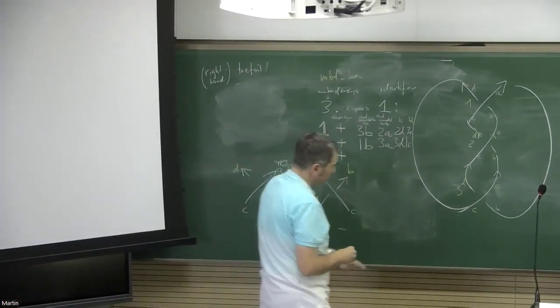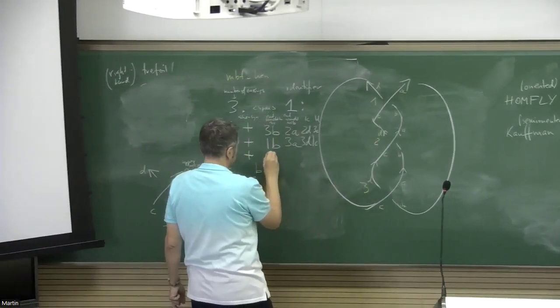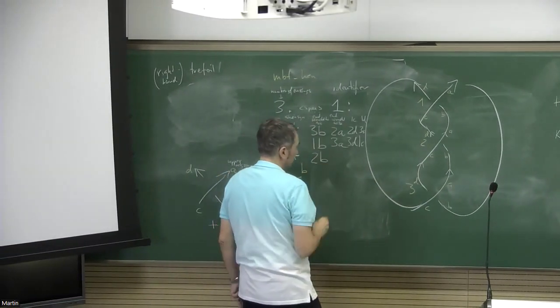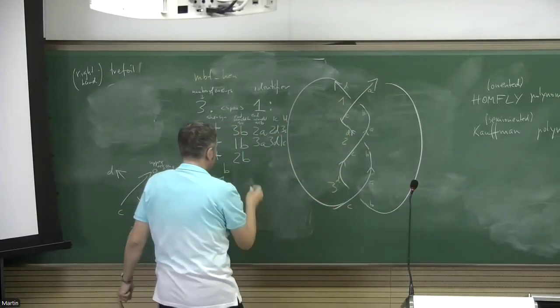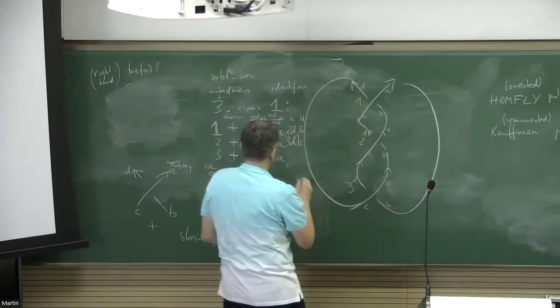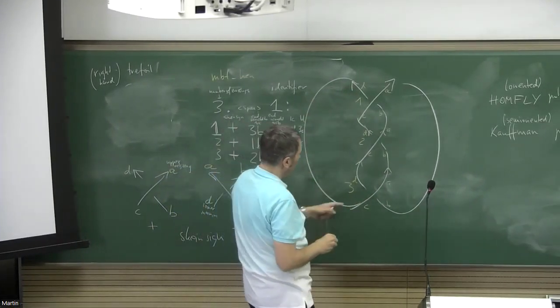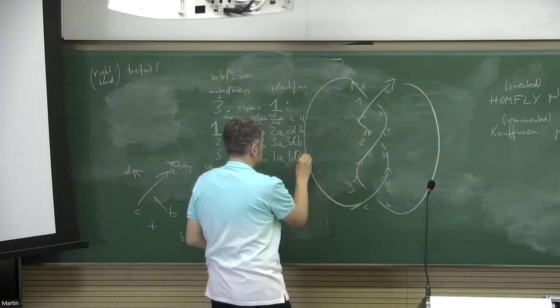And finally for 3, 3A is connected to 2B. 3B is connected to 1A. 3C is connected to 1D. And 3D is connected to 2C.